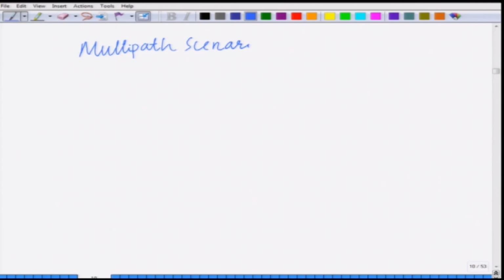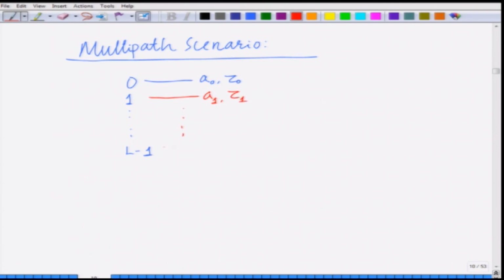Now, if we have a multipath scenario with L components, from 0 to L minus 1, for instance, the 0th path is associated with attenuation a_0 and delay tau_0. The first path is associated with attenuation a_1 and delay tau_1, and so on up to the (L minus 1)th path, associated with attenuation a_(L-1) and delay tau_(L-1).